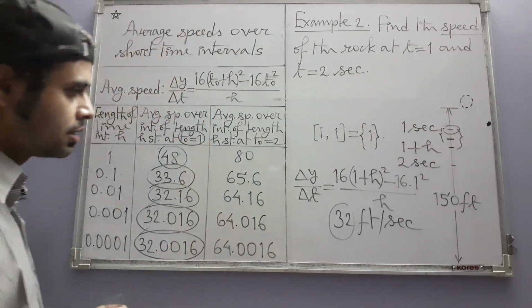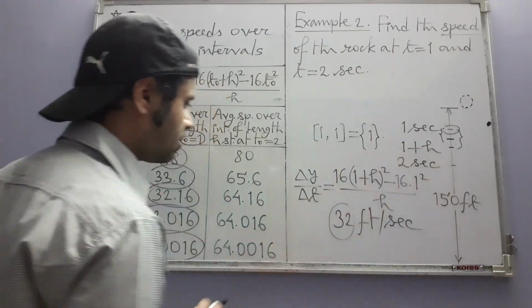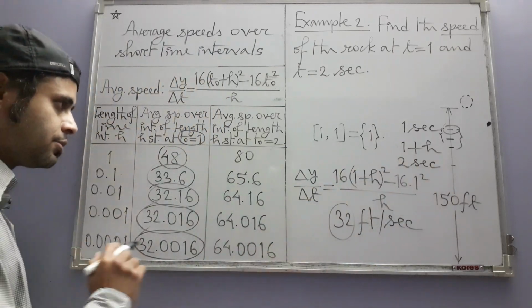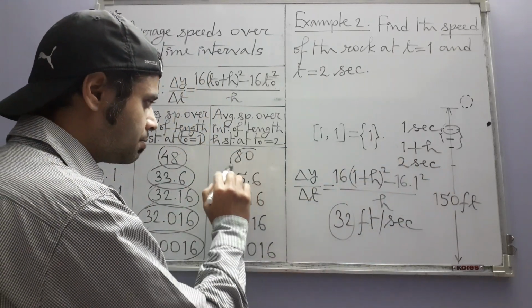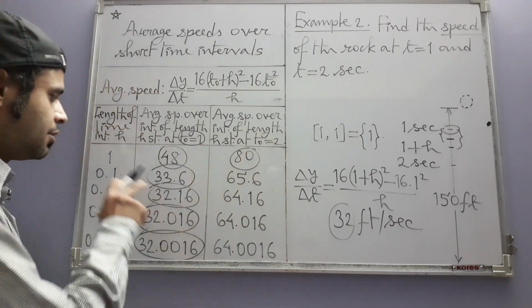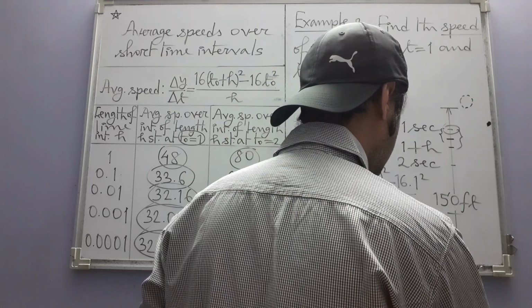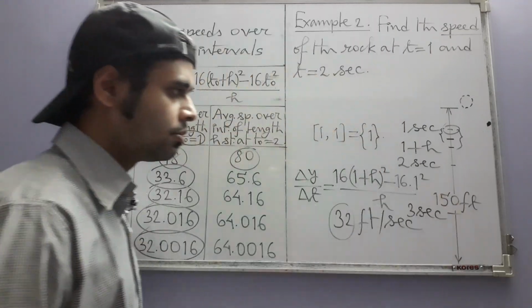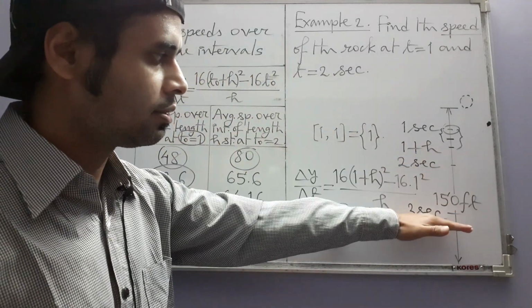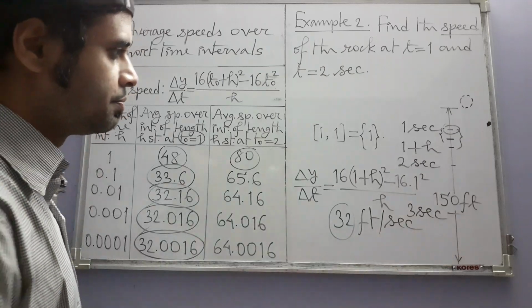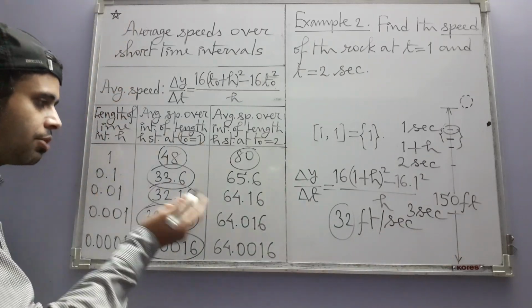If one does the similar thing for this 2 second mark, then for those values of h, these are the average speeds. When h is 1, then we are considering the average speed over this interval, 2 second, 3 second, and then h equal to 0.1.